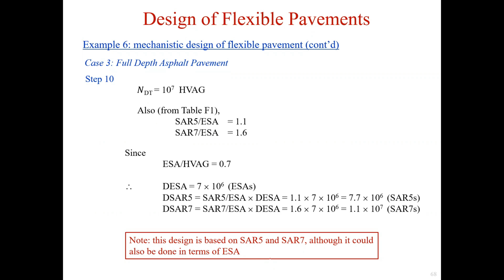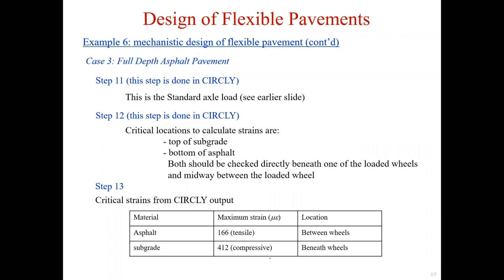But for this case, we don't need to calculate post-cracking as there's no cemented material. So we use damage units of SAR5 and SAR7 for comparison. Step 11 is to assume approximate standard actual axle loading.